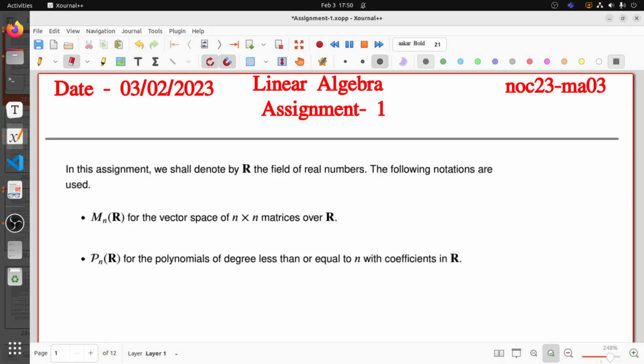Is this fine? This one? So what we have got in 5: if span of A is B and A is a subset of B, then span of B is B. It means that if span of A is B, then any set which contains A also has span equal to B, right? So question number 6 is done.